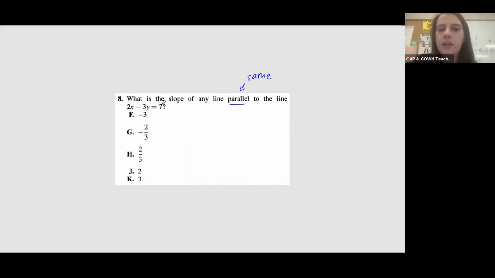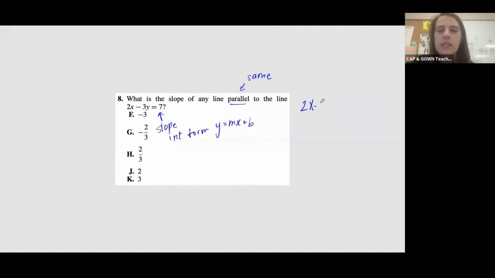But in order to figure this out, the easiest way is to put this in slope-intercept form, which is y equals mx plus b. So we're going to solve for y.